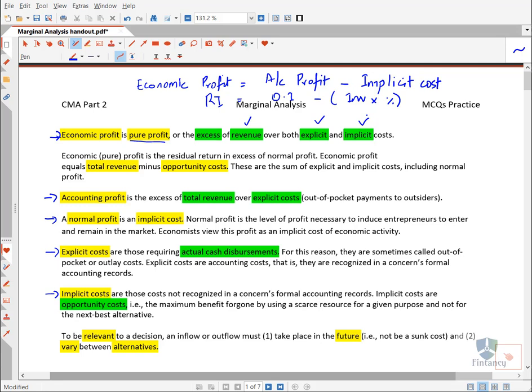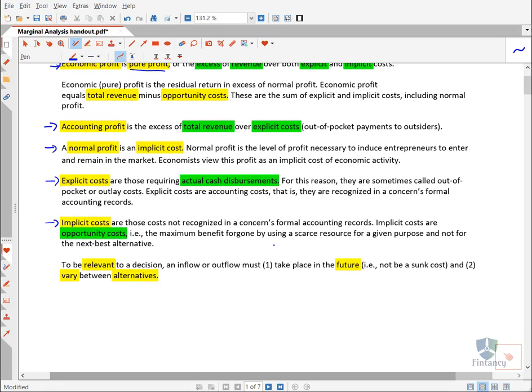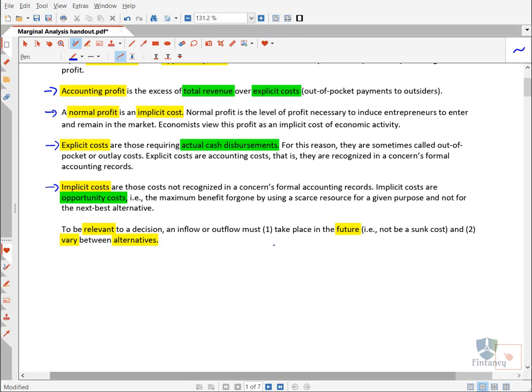We will do some MCQs also on this, and then you will realize that yeah, this is residual income, the other name for residual income, effectively. Getting it, my friends? So that is the difference basically between accounting profit and economic profit. I hope it's clear with everyone. Now below this, if you see, there is one more last sentence of this handout. If you see, they are saying you what is a relevant cost.